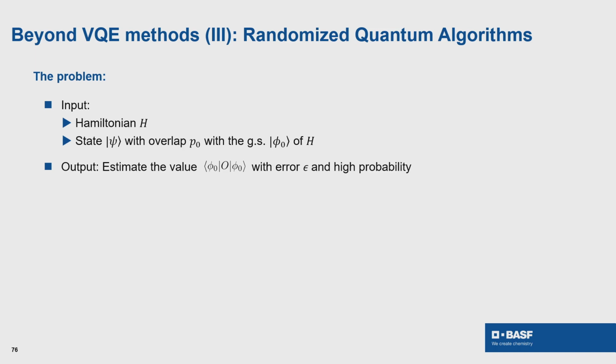Okay, now in general, this problem has two sub-problems. One is really estimating the expectation value on a given state. The other one is finding a way of approximating the ground state phi 0 by starting from a state psi.